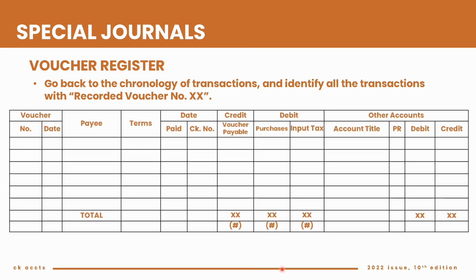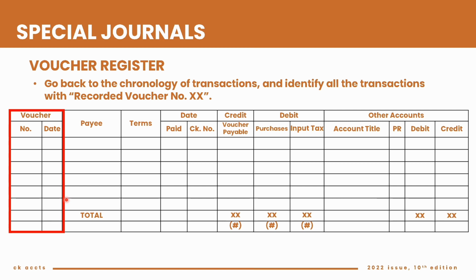So, here is the table for voucher register. Medyo mahaba siya at saka madami talaga, like what we did in our cash receipts journal na mahaba din yun. Pero mas mahaba ito kasi nga dalawang page siya sa ating practice set. So, we have columns here for voucher.